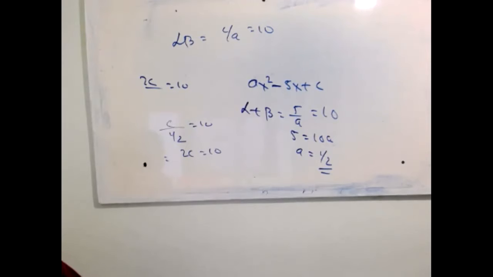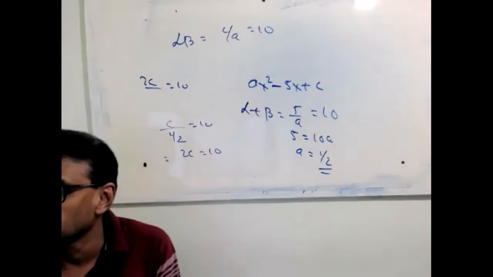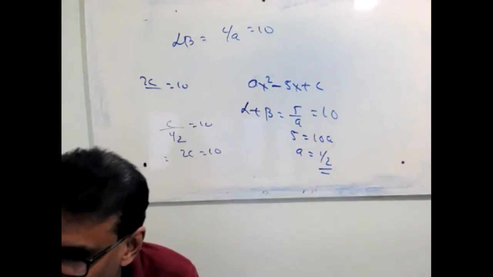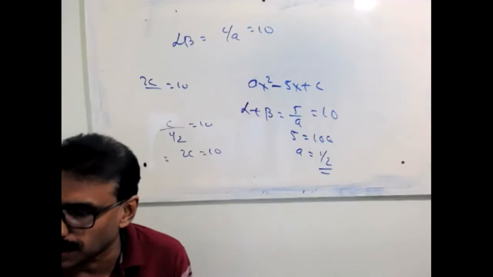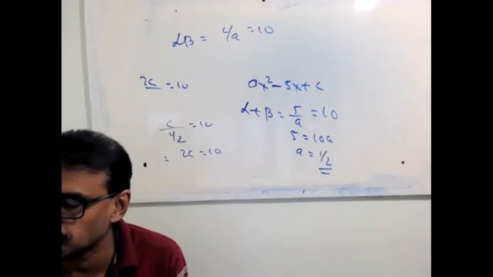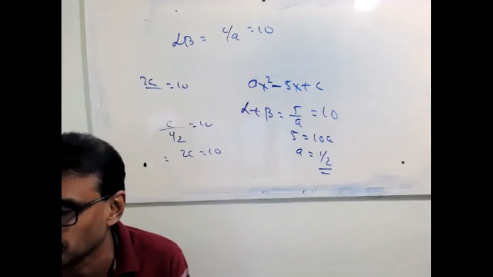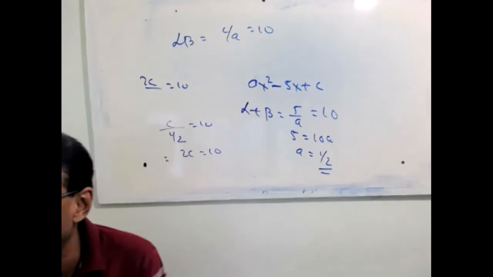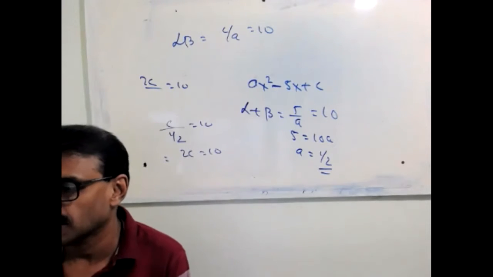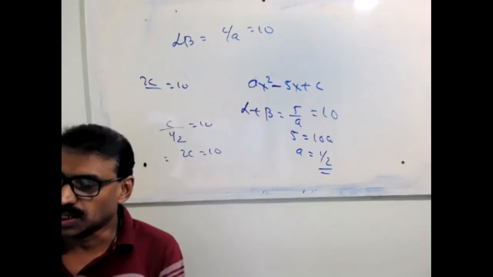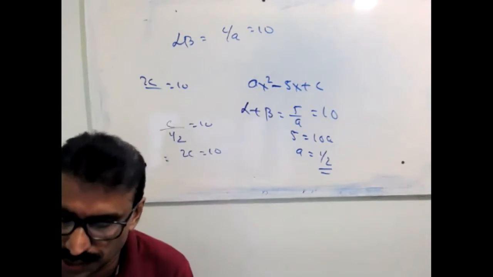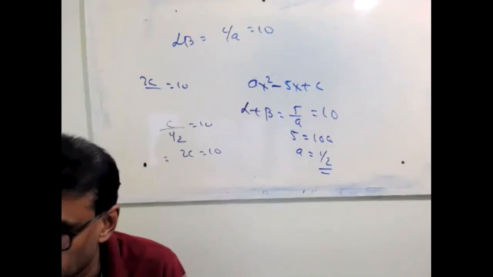M and N, what to do? You find out M by splitting the middle term. You find out M. You find out N. Substitute there. Suppose M equal to 2, N equal to 3. Substitute and simplify. That's all. Okay. You work it out. If it's still not getting, Saturday we'll discuss it.